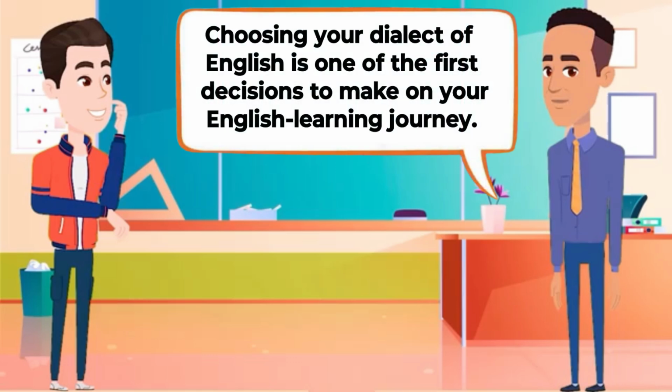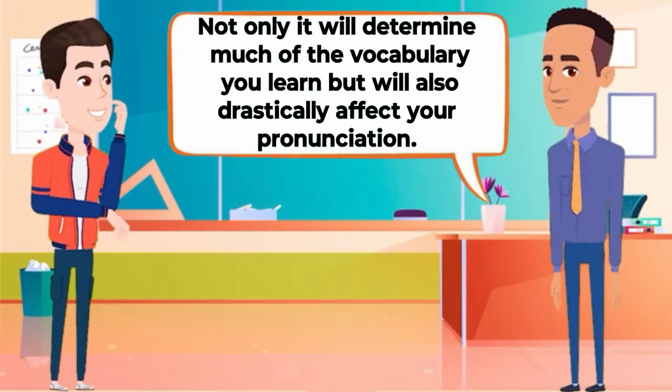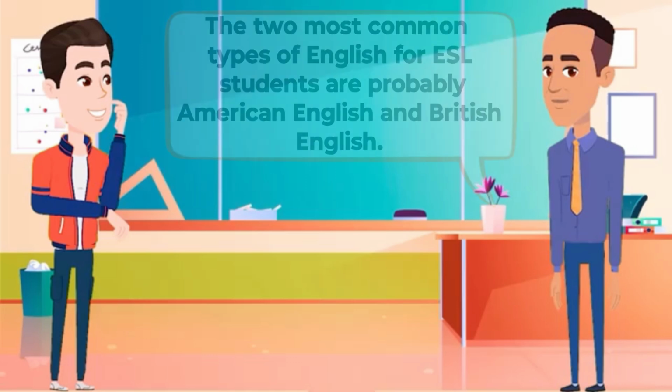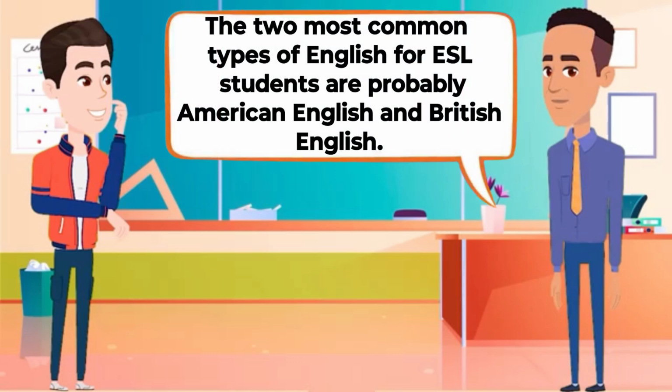Choosing your dialect of English is one of the first decisions to make on your English learning journey. Not only will it determine much of the vocabulary you learn, but it will also drastically affect your pronunciation. The two most common types of English for ESL students are probably American English and British English.